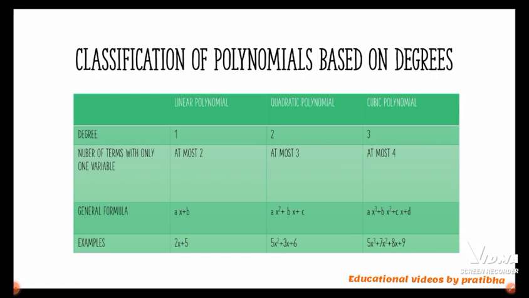In the case of a linear polynomial, the degree will be 1, and if it has only one variable, there will be at most two terms. The general formula is written, and an example is written. If it is a quadratic polynomial, the degree will be 2 and at most it will have 3 terms. In the case of cubic polynomials, the degree will be 3 and the maximum number of terms in a polynomial with one variable will be 4.